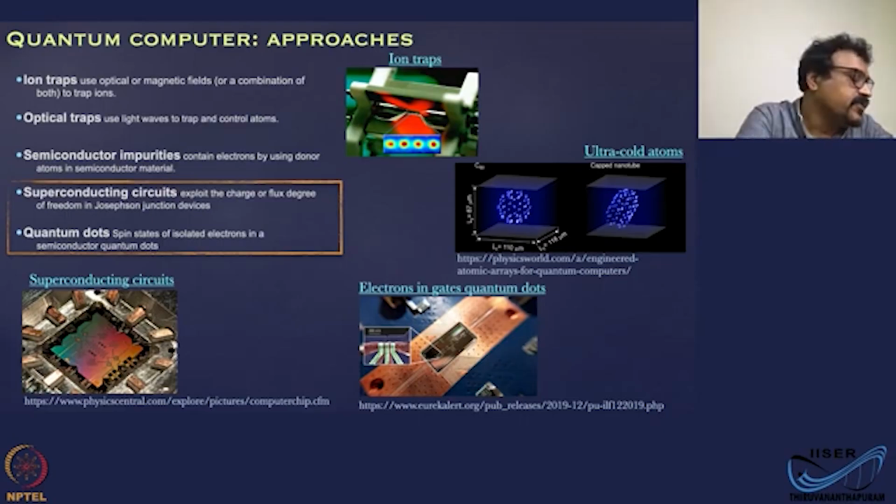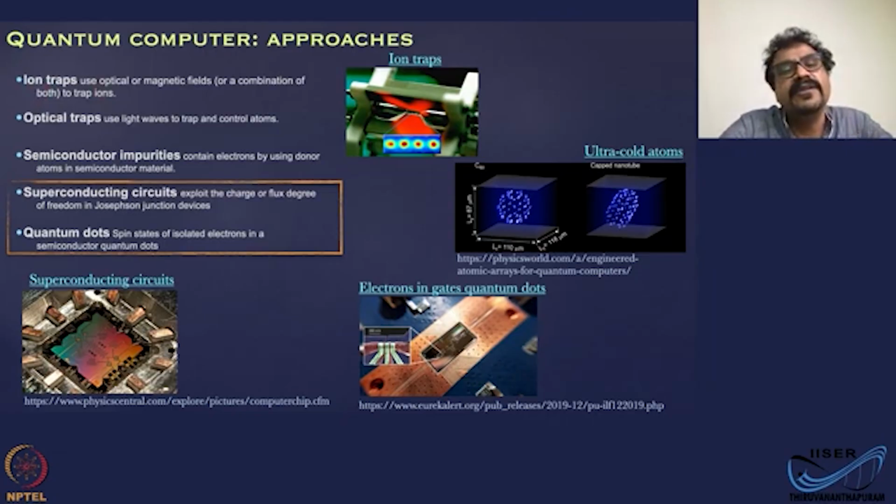Okay, so ion traps. That means you can use optical or magnetic fields, or a combination of these. You can trap ions and use the hyperfine states or other quantum mechanical states, which you can transfer between those states by using electromagnetic fields, such as light pulses, lasers, and you can trap them in a very nice periodic way.